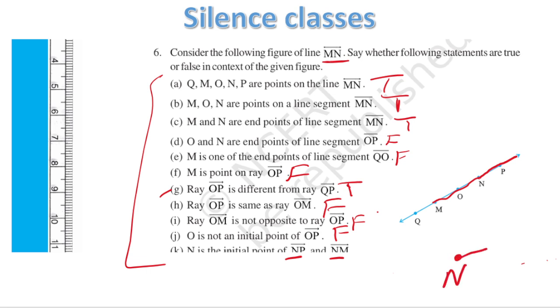From here one ray is starting and going towards P, and the other is moving towards M. So yes, N is the initial point, because the rays start from N, one towards P and the other towards M. This statement is true.